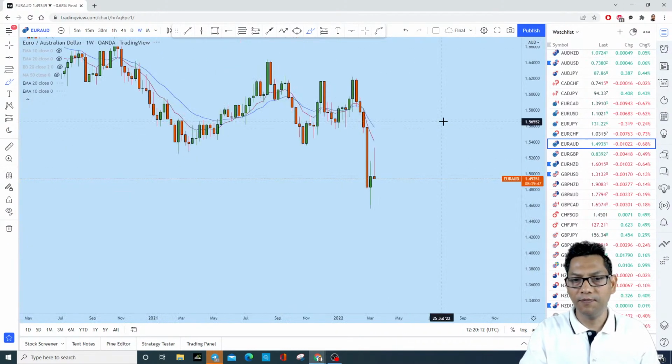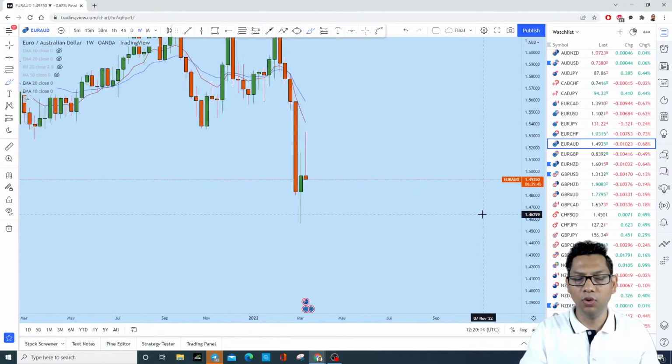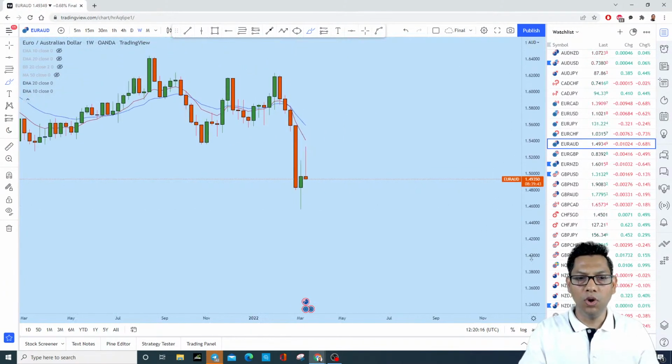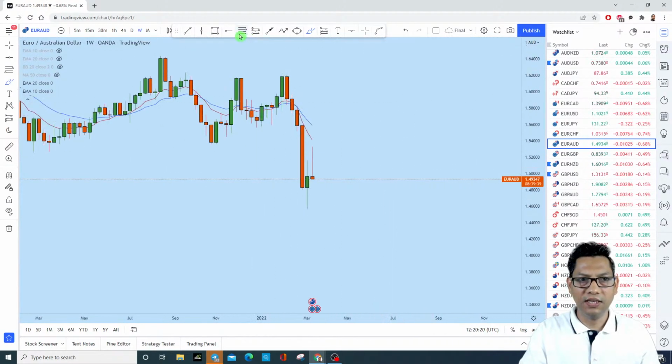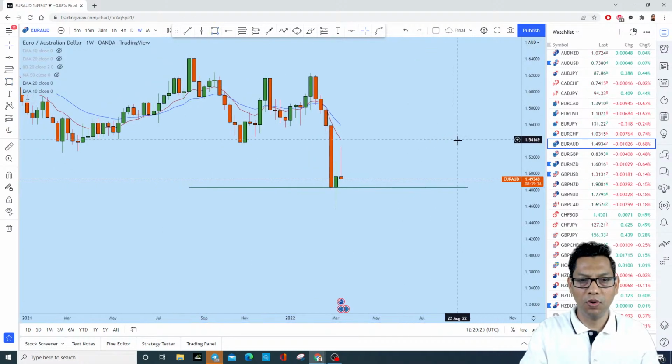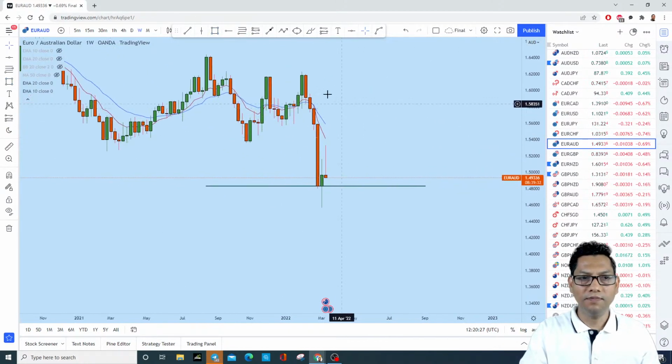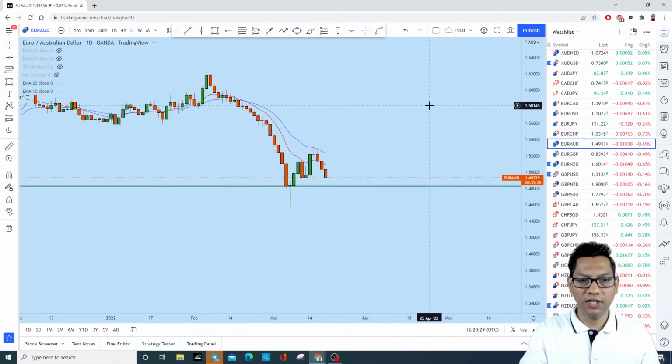Let's see on the weekly. Okay, now on the weekly we are getting something. What is likely to happen, to me, is if the weekly closes somewhere here, the next one, let's see on the daily.